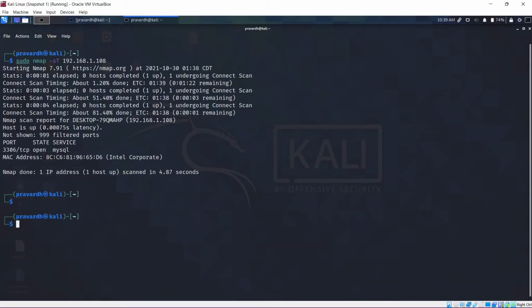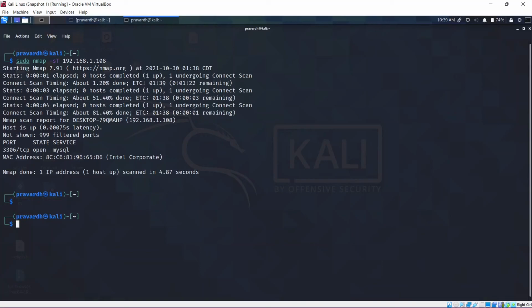Obviously, stealthy scans have their pros and cons, and at the same time, TCP has its pros and cons. TCP would take a little bit longer than your SYN scan because in the SYN scan you're just requesting, and in the TCP scan, a complete connection is getting established.